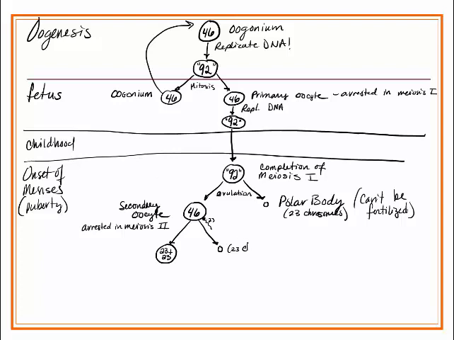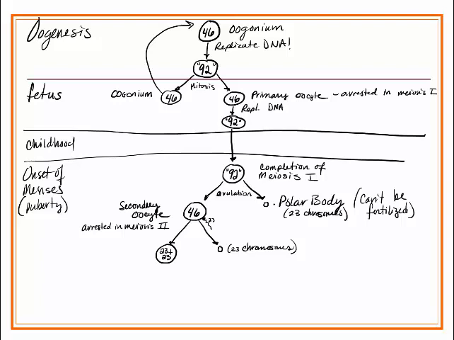So this guy still has 23 chromosomes. Okay, but it can't be fertilized. It's just like getting rid of the waste so that the rest of it can go on and start dividing and become a morula and a blastula and an embryo and fetal stages until birth.